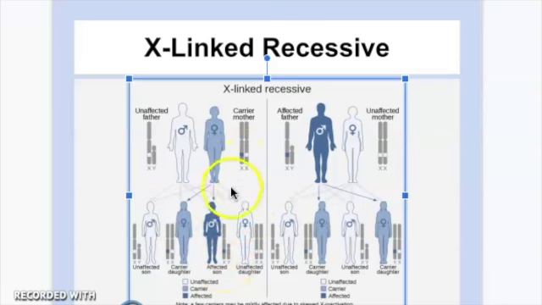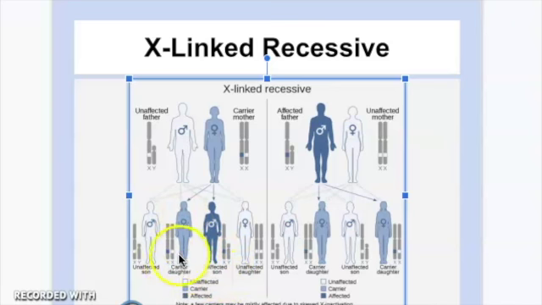If they happen to get the affected allele, they are going to show that phenotype. They'll have that disorder regardless of the fact that they only have one copy. Okay, because it's only that recessive allele.